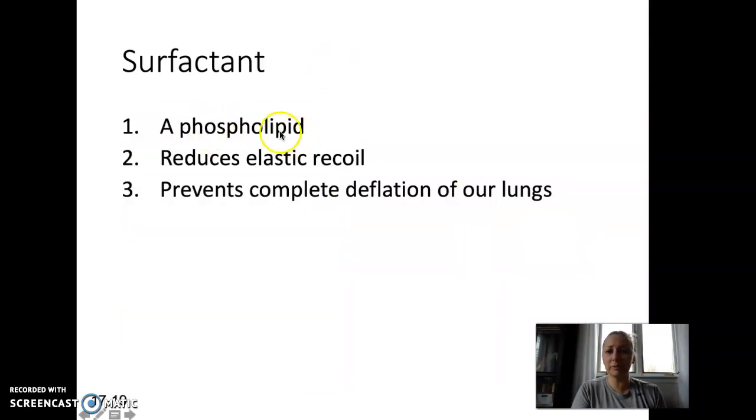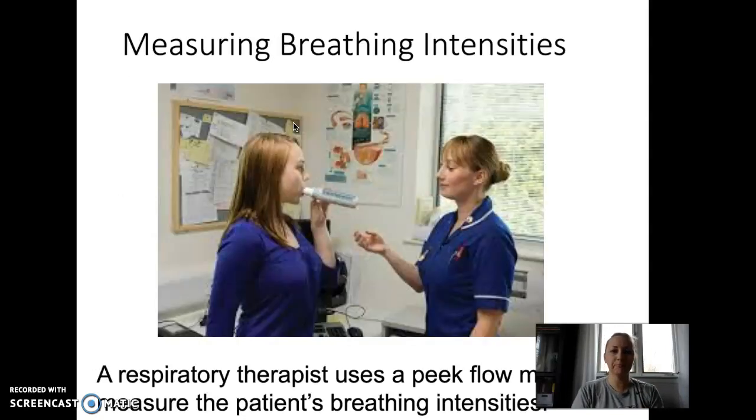It's a phospholipid, a fatty, oily substance, and it reduces how strong that pull is if they close all the way. We don't want them to actually close all the way, so that also provides a padding to prevent them from squeezing all the way shut to each other.